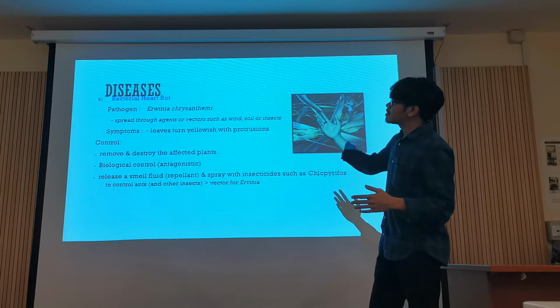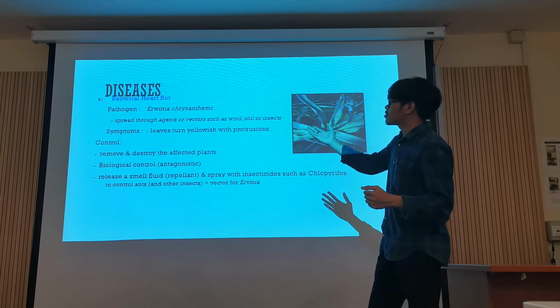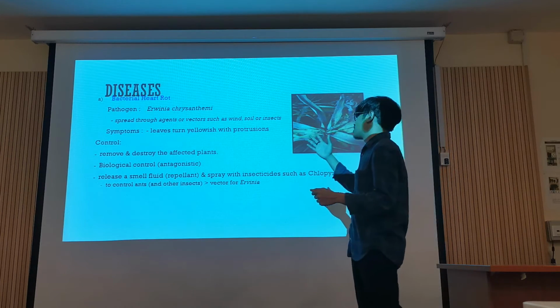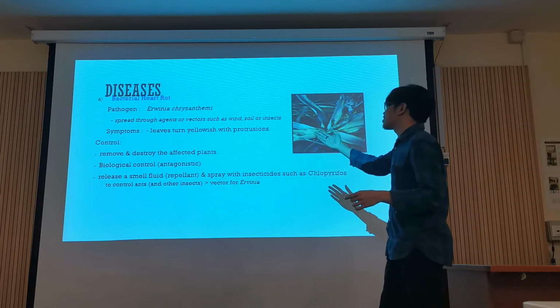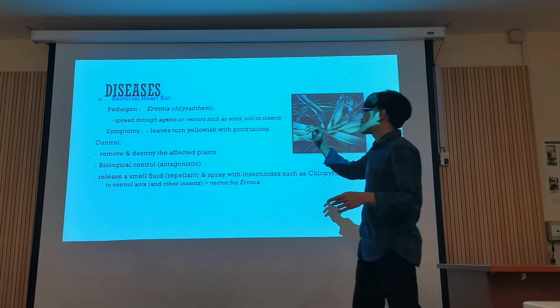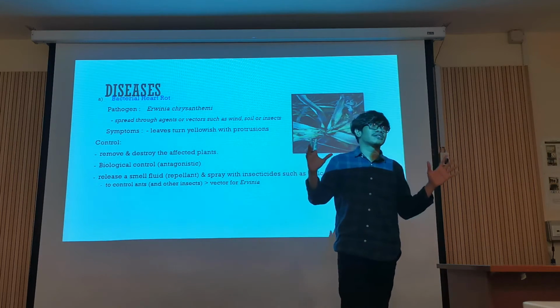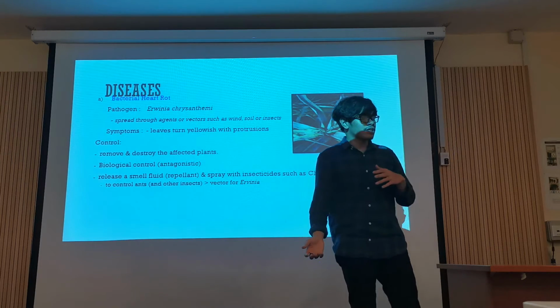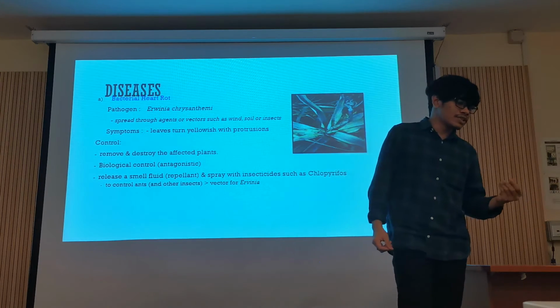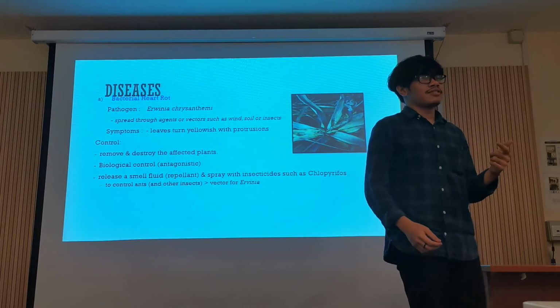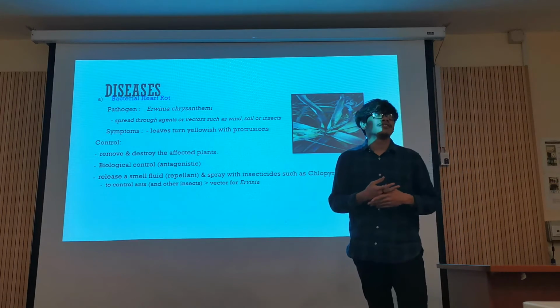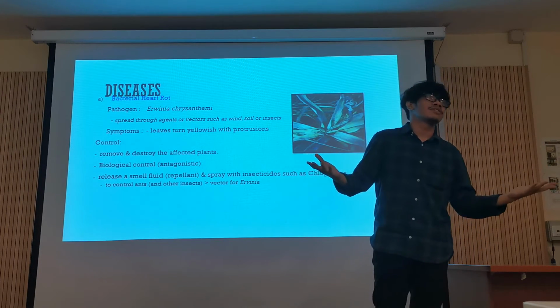The first disease is bacterial heart rot, and it spreads through agents or vectors such as wind, soil, or insects. So this bacteria can be transferred by wind and soil, and it affects a large area of the plantation because it uses the environment.